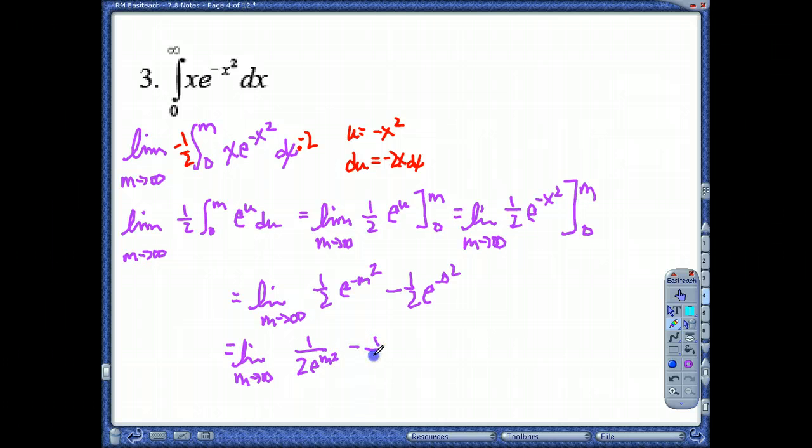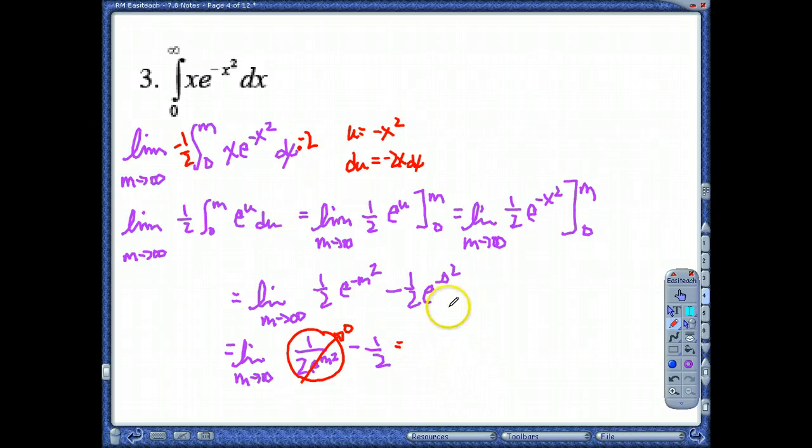This is just going to be 1/2 because e to the 0 is still 1, sorry. Now when we're looking at this guy right here, if I put in a big number and I square it, that's going to be a big, big number. E to a big number is going to be a really, really big number. Denominator keeps getting bigger, bigger, bigger. That fraction's always going to go to 0.